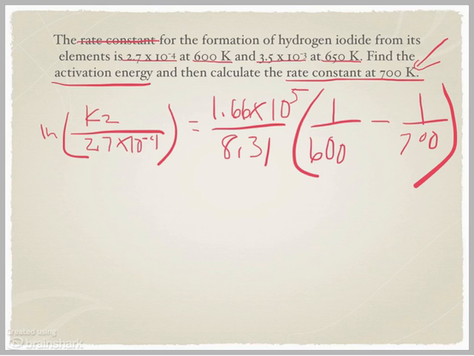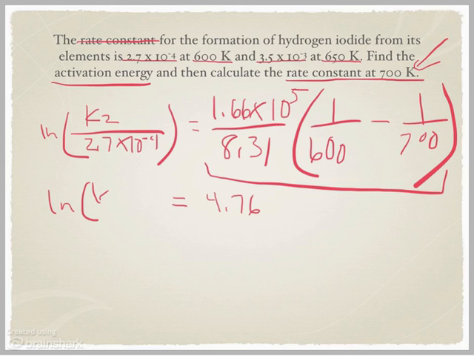So now go about figuring this out. What I recommend first is that you take your right side and figure out all the math, which gives you 4.76 equals the natural log of K2 over 2.7 times 10 to the negative 4. Now I recommend taking the anti-natural log.